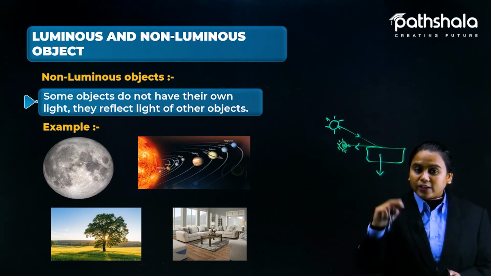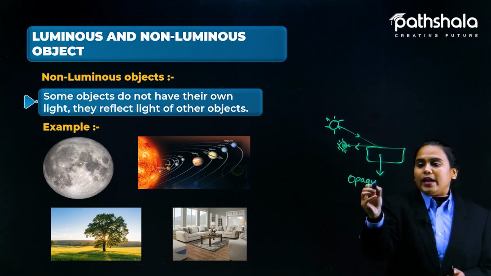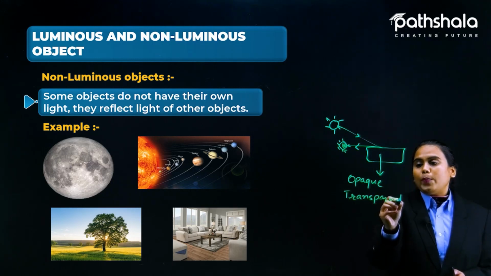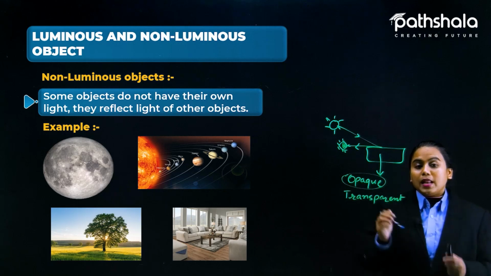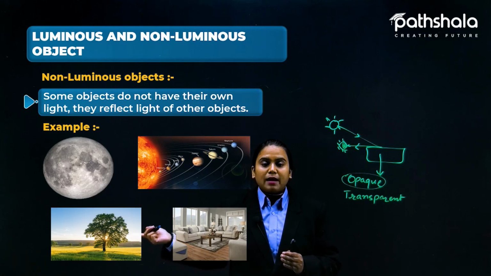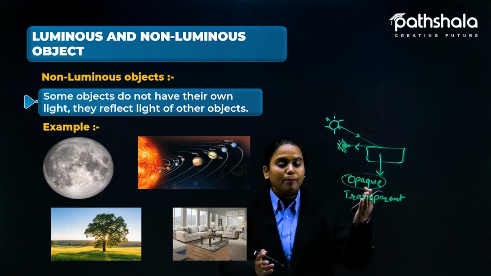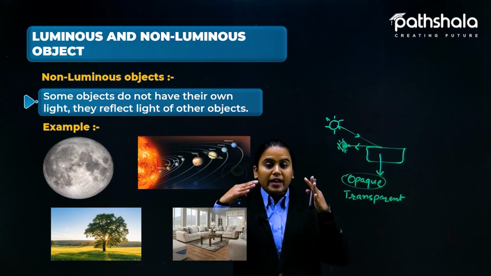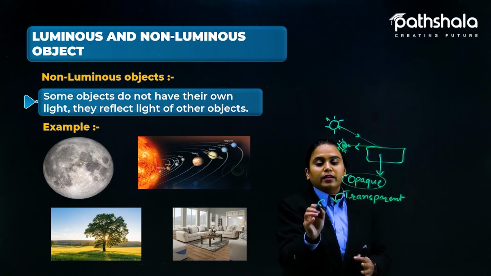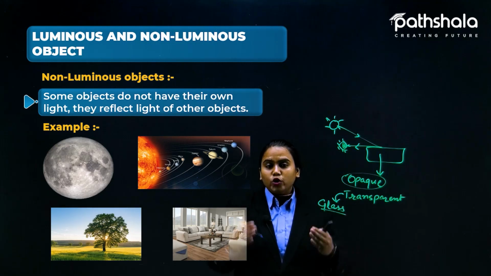Things are actually of three kinds: opaque, transparent, and translucent. Opaque objects do not let light pass through them. Examples are a tree, wood, or your book, which is an opaque object because it does not let light pass through it.